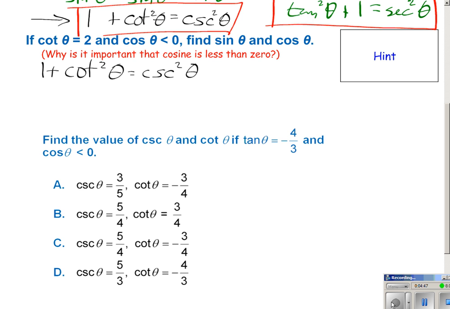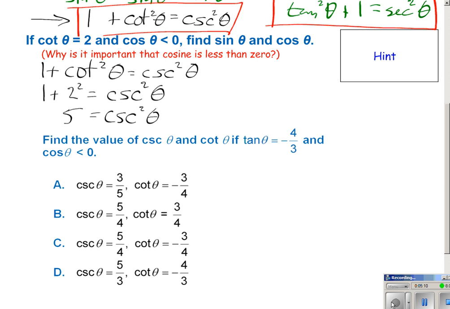We know the cotangent is 2, so that's 1 plus 2 squared equals cosecant squared of theta, or cosecant squared of theta is 1 plus 4, or 5.